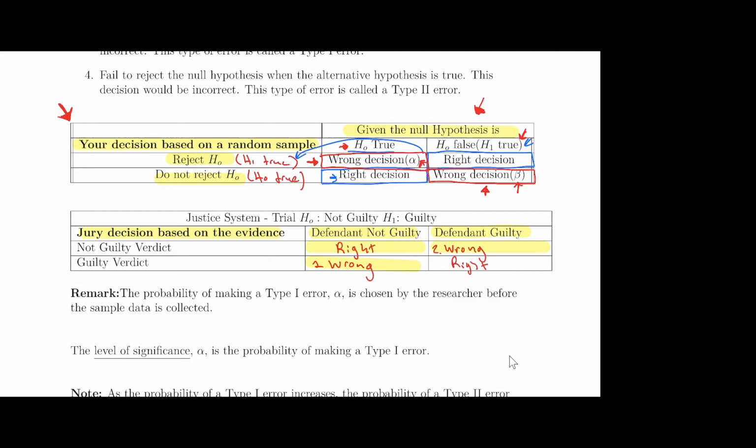The way we figure out which one is a type 1 error is to look at which one we rejected the null hypothesis. Did we reject the null hypothesis for wrong number 1, or for wrong number 2?